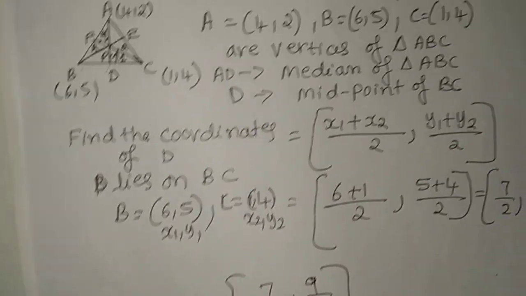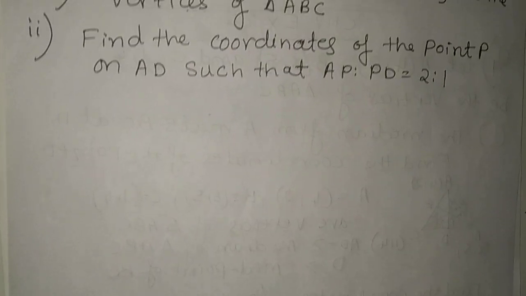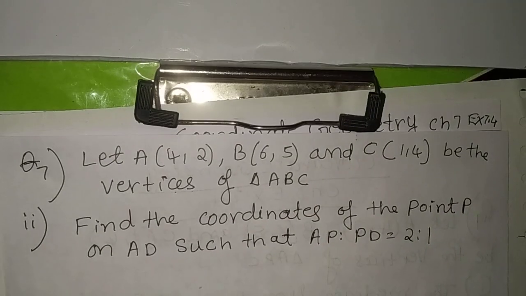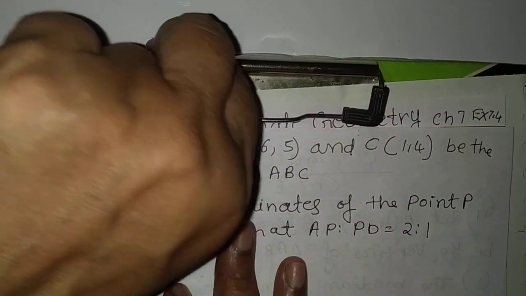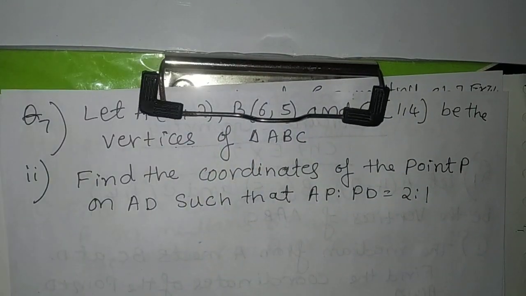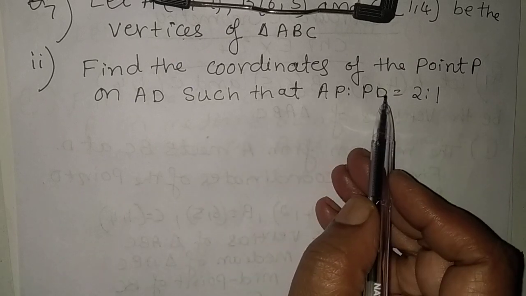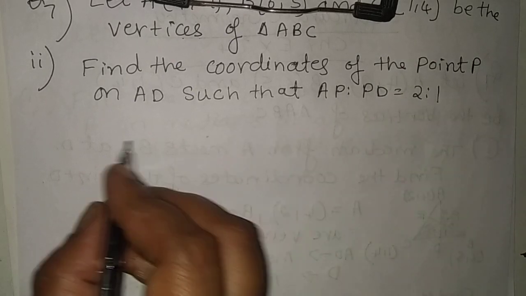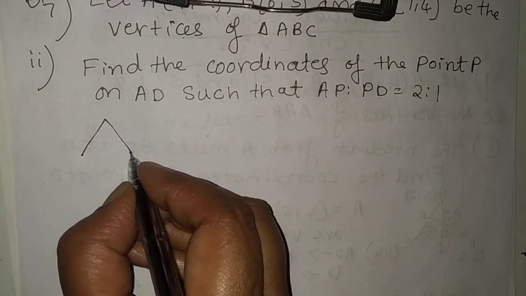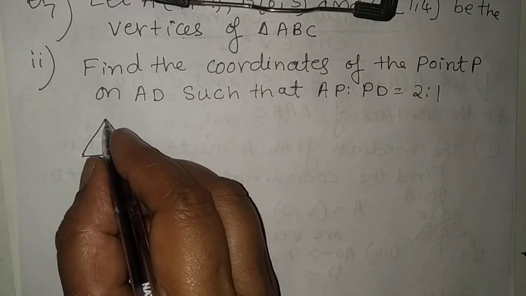Now we move on to the second part of the question. So what is the second part of the question? Find the coordinates of the point. Again I will just write down the diagram roughly.